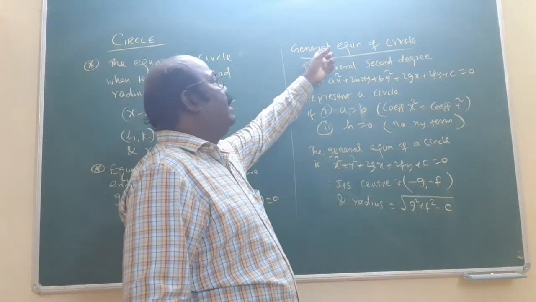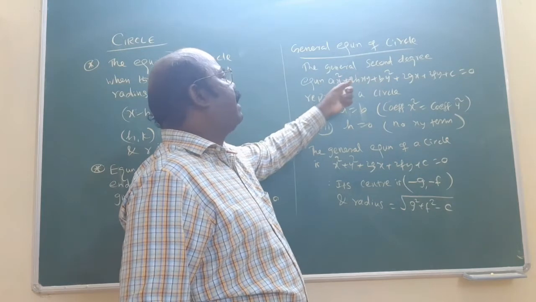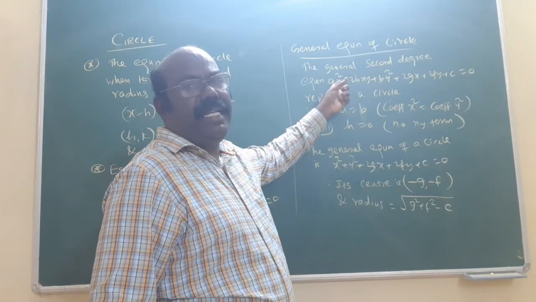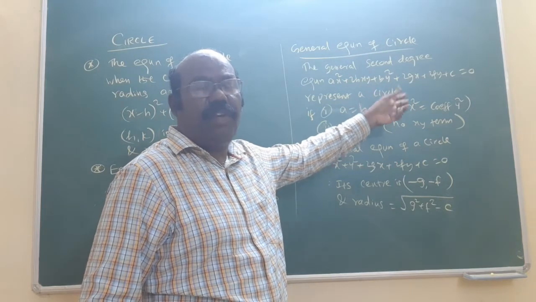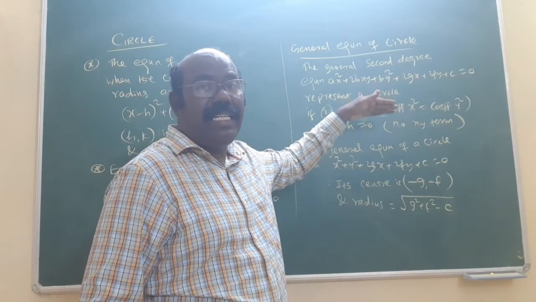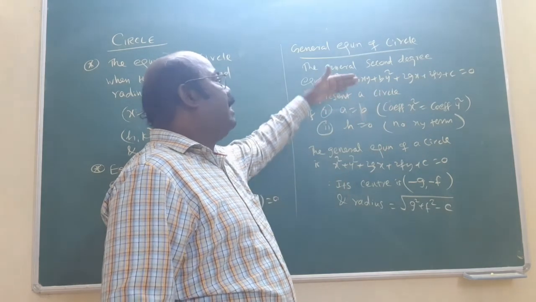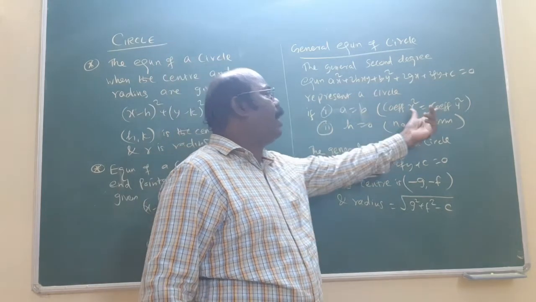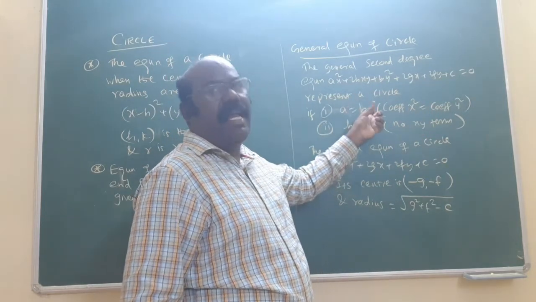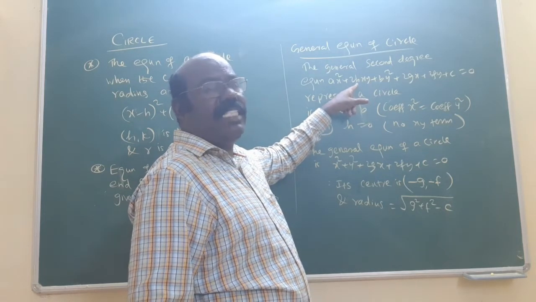Usually, you already know the general second-degree equation. What is the pair of straight lines equation? ax² + 2hxy + by² + 2gx + 2fy + c = 0. This is a second-degree equation. Now, this equation represents a circle when the coefficients of x² and y² are equal, a equal to b, and also the coefficient of xy, that is 2h, h is 0.